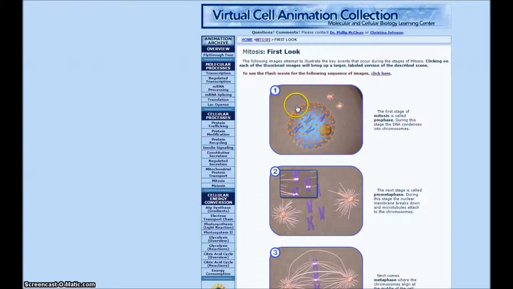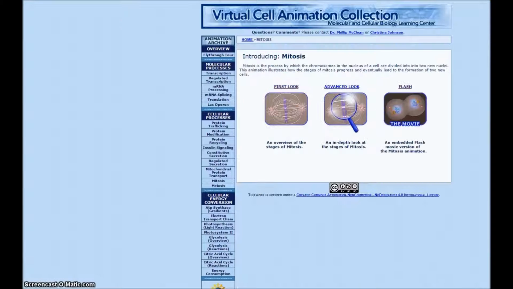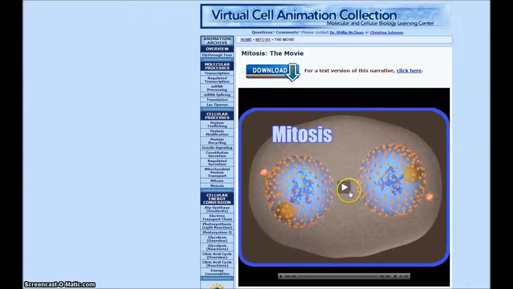I prefer this program because it clearly says that mitosis is duplication of the nucleus. So it doesn't confuse, so you can pay close attention to that. There's the movie, you can watch that, it's a good little movie, and then you can learn about mitosis using this aid.